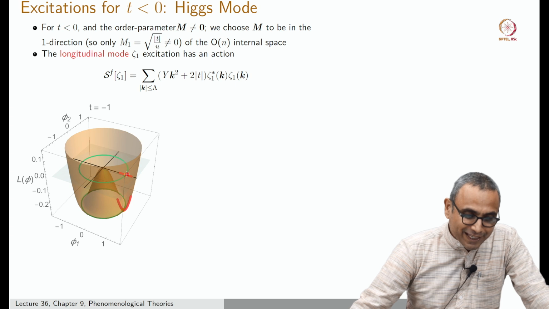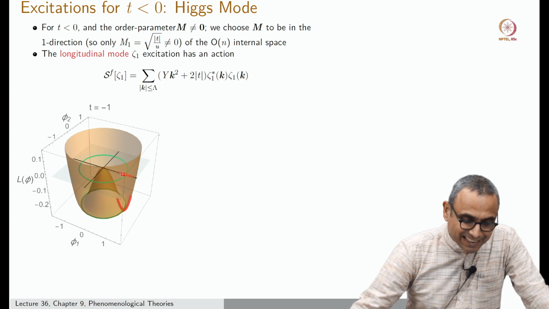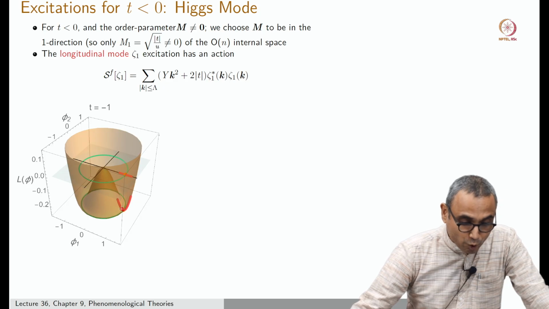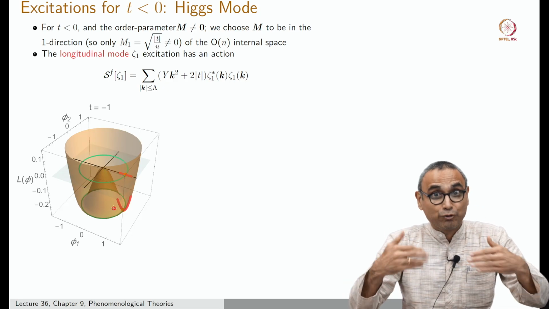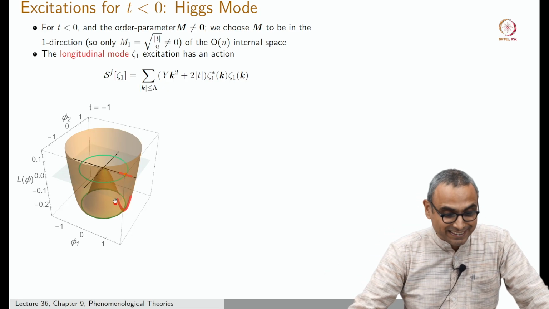Now, what am I doing? I am fluctuating, changing the length of this m1, along the reddish line that I have drawn there. When I fluctuate that way, in the energy surface locally, which is a parabola, I am going up. I have to pay energy to create this excitation.